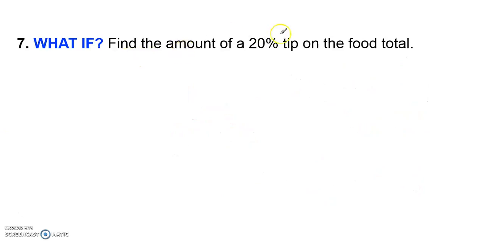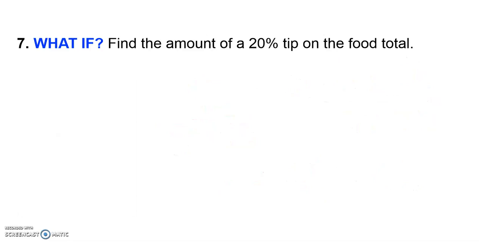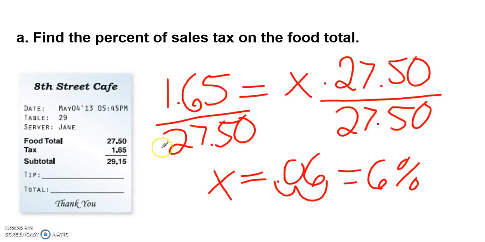Okay, find the amount of a 20% tip of the food total. So food total is the $27.50, and I'm just going to do the food total because that's what it's labeled, not the subtotal.